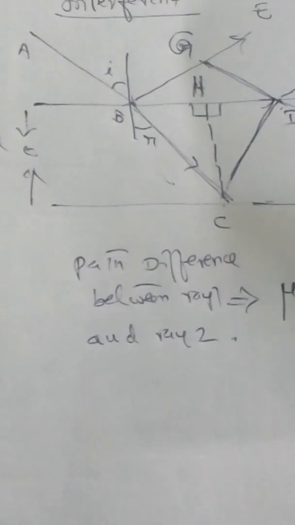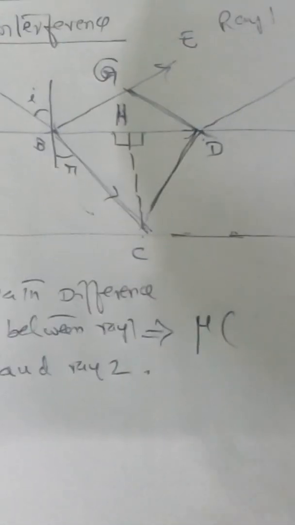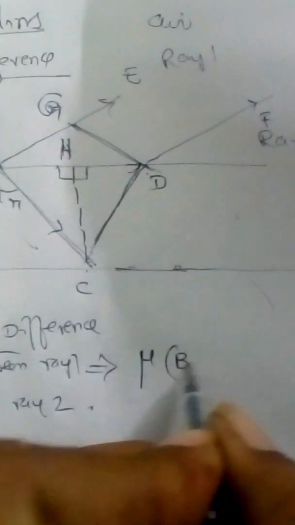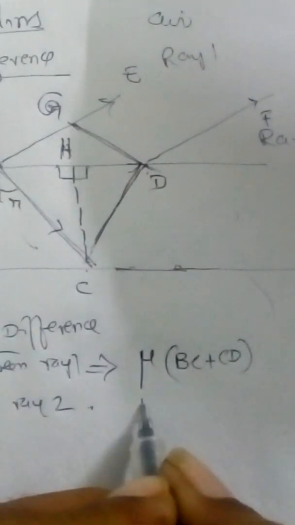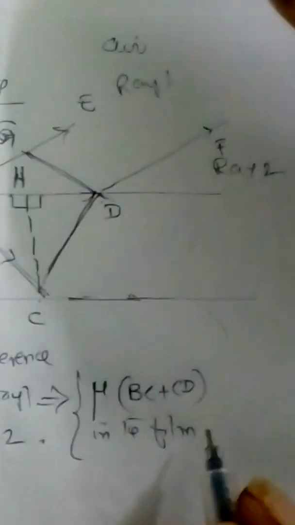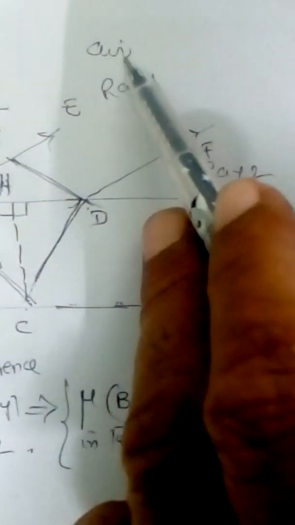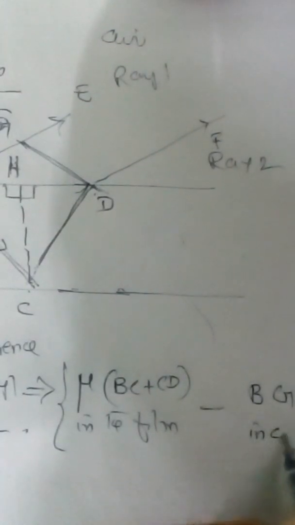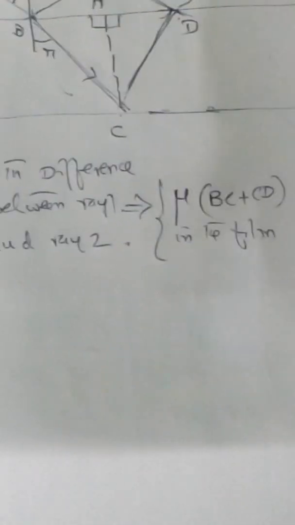The refractive index of film is mu and the path is BC and CD. Therefore mu into BC plus CD, that is in the film, minus mu of air, which is 1. Therefore you need not write 1 into this path BG. So you can write BG. This is the basic formula you have to understand.